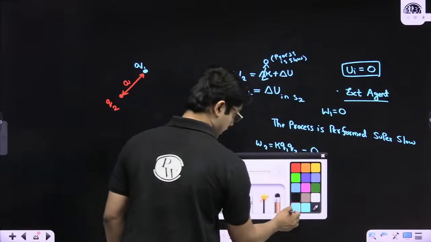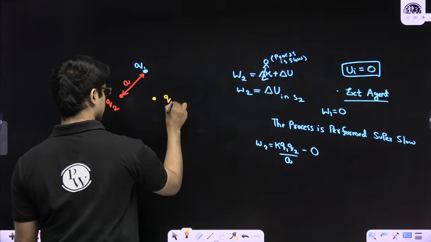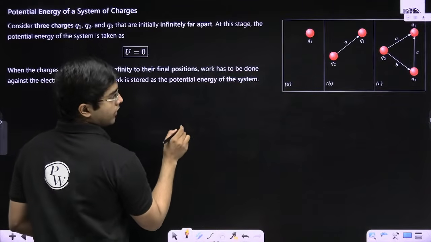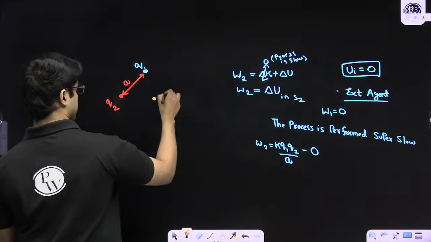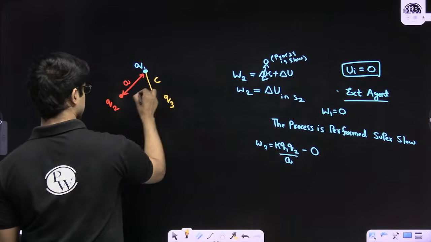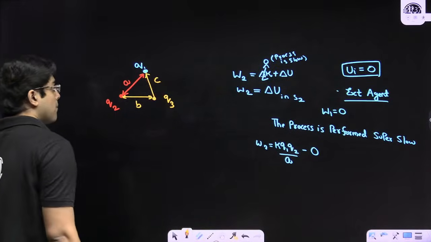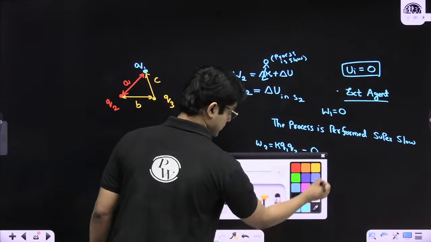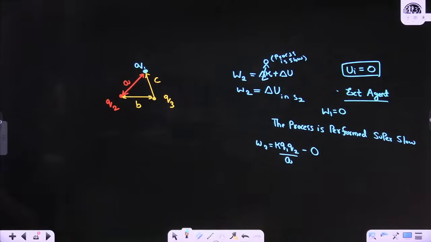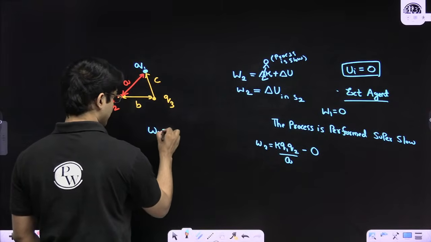Now we bring the third charge Q3. The agent brings the third charge Q3, and Q3 Q1 is C distance away, and this is B distance away. Now in the third step, what will be the extra potential energy added?